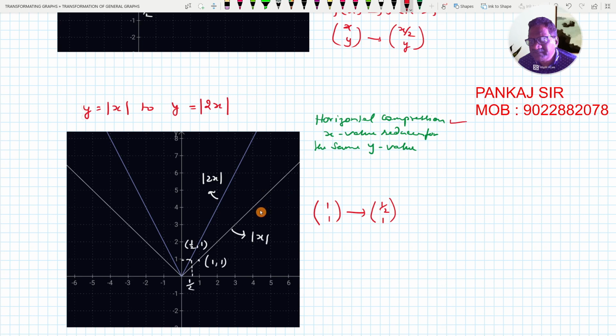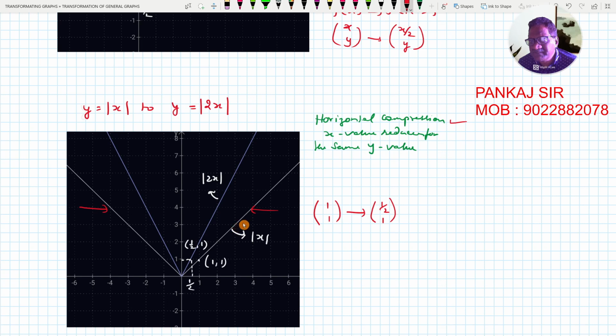What I mean by horizontal compression is that the parent graph pushes itself in the inward direction, in the horizontal direction. So this is all about horizontal compression, and this happens when you multiply x by some constant k, which has to be positive.